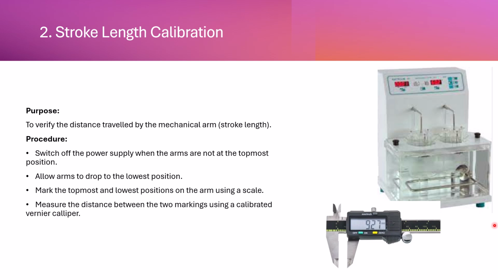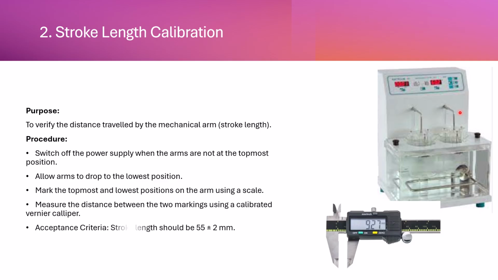Then measure the distance between these two marks with a calibrated vernier caliper to ensure measurement accuracy and reliability. For example, you can put this vernier caliper as per this distance, right? You can put it here vertically and measure the stroke length.